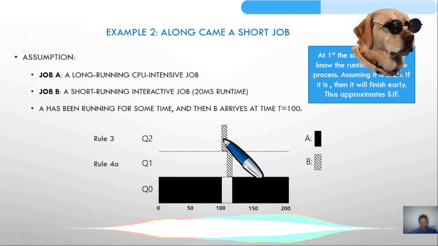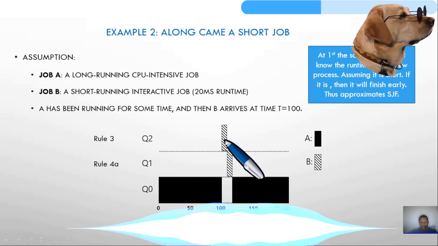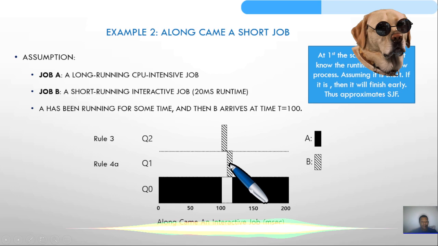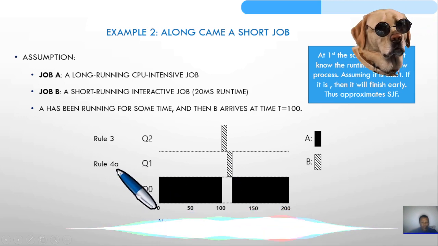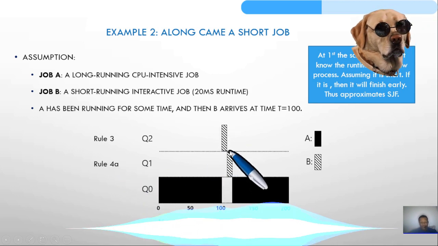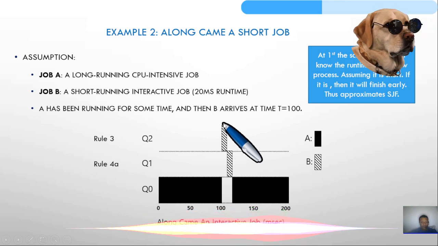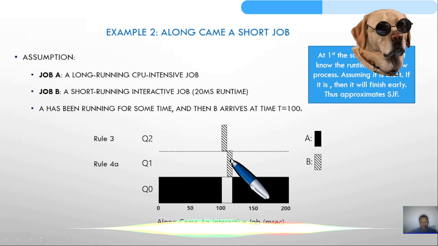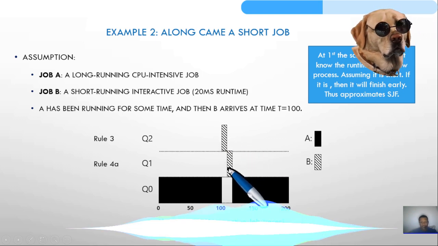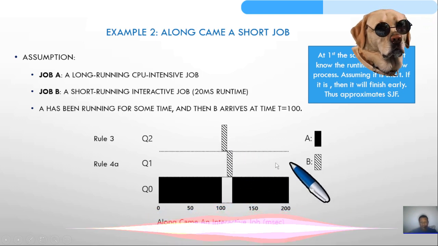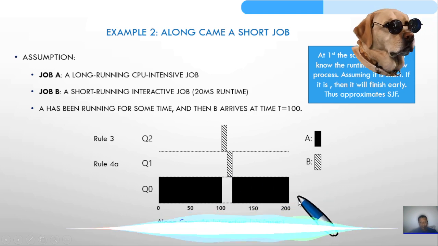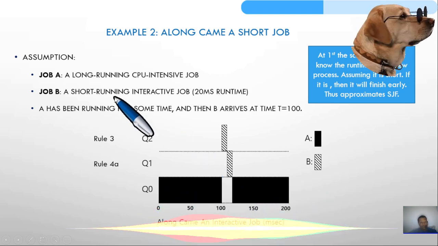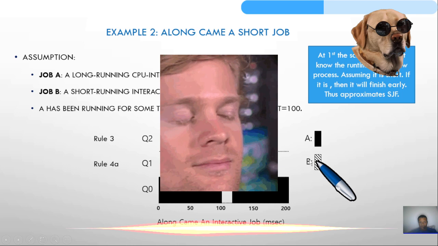So the system will take it to the lower queue, because as per rule 4a, if the process doesn't finish in the time slice, its priority goes down to the next lower queue. So B goes down here and completes. After that, in the same lower queue, job A can continue.